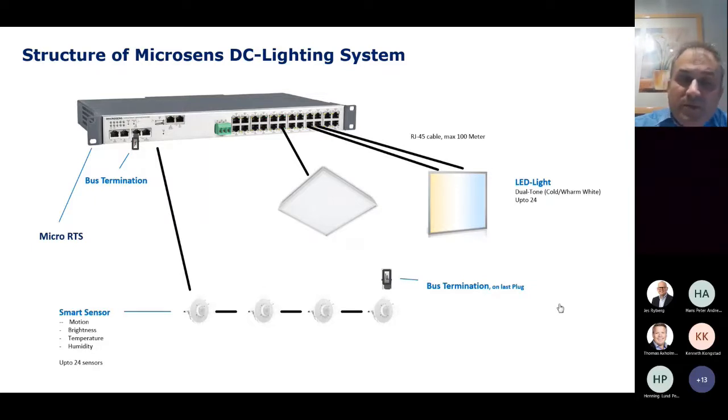The conditions you have to keep in mind for the RJ45 cabling are the same as for Ethernet: maximum 100 meters from the port to the luminaire.